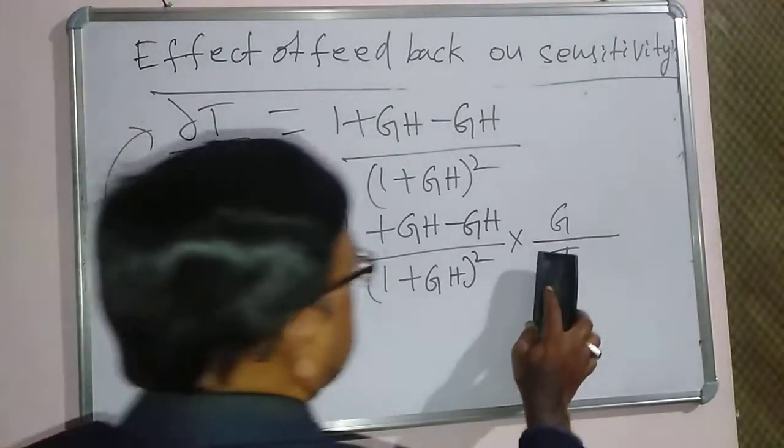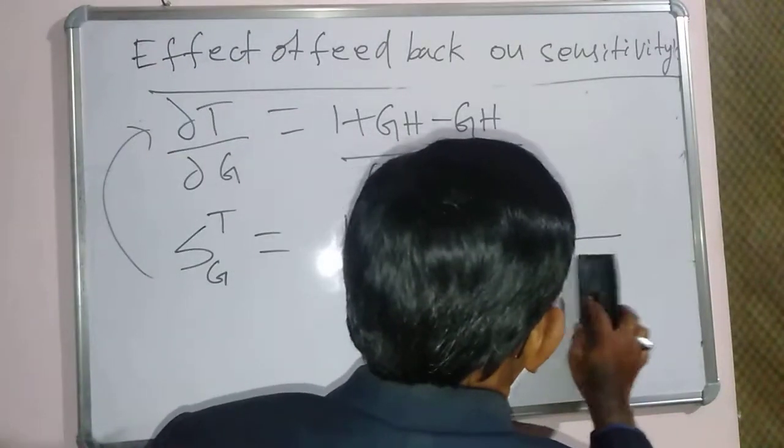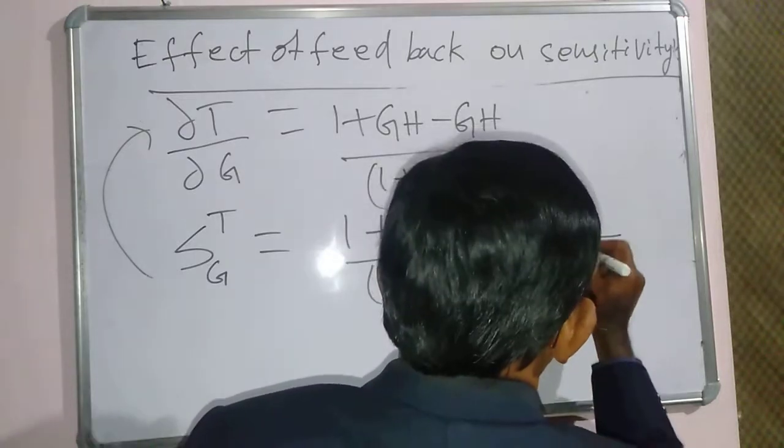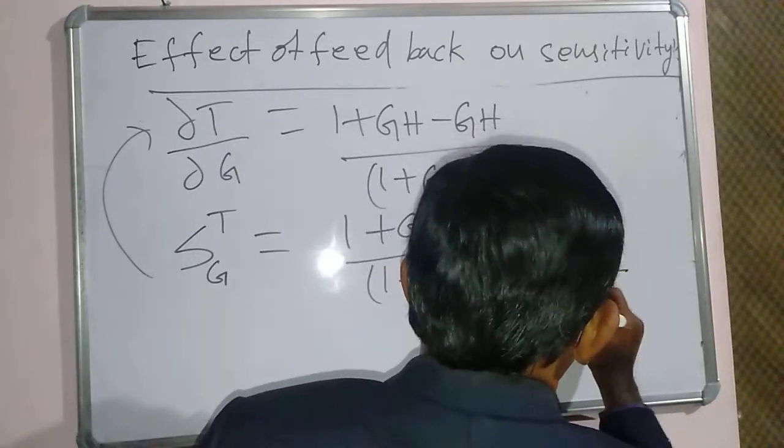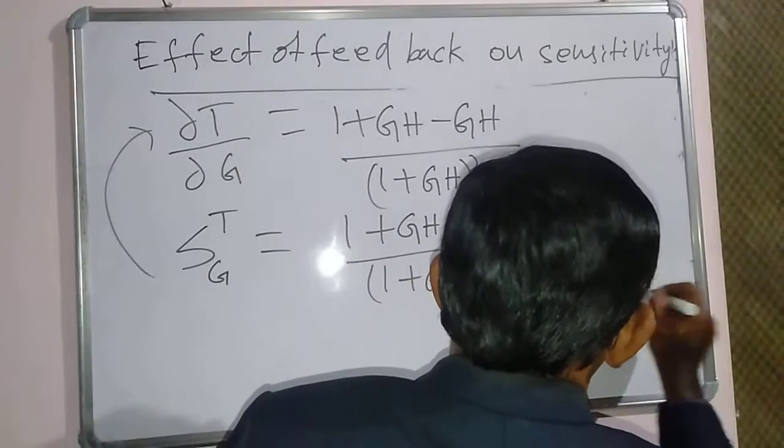So the transfer function is G by 1 plus GH.